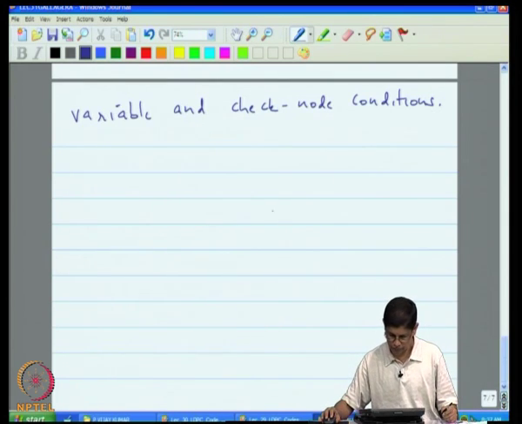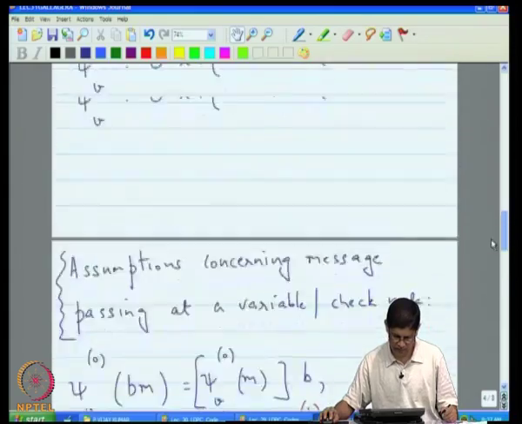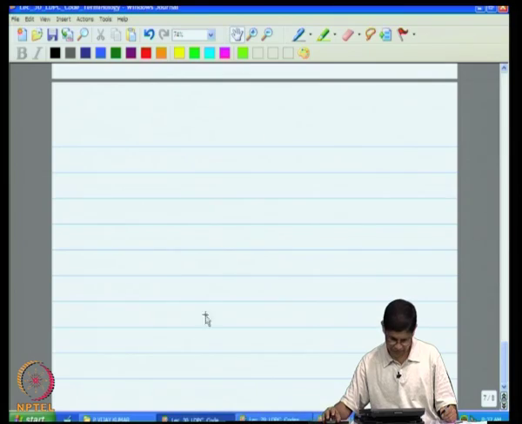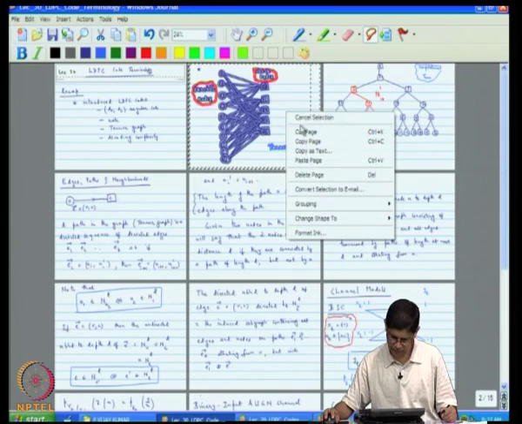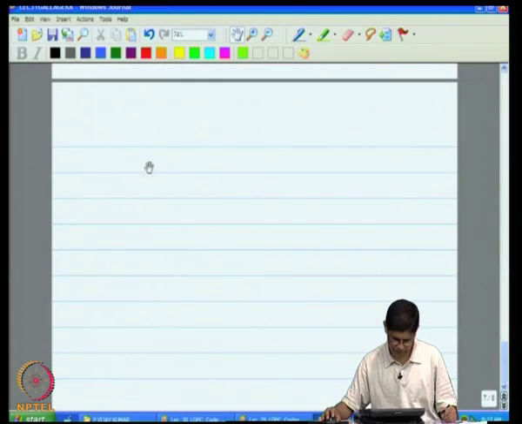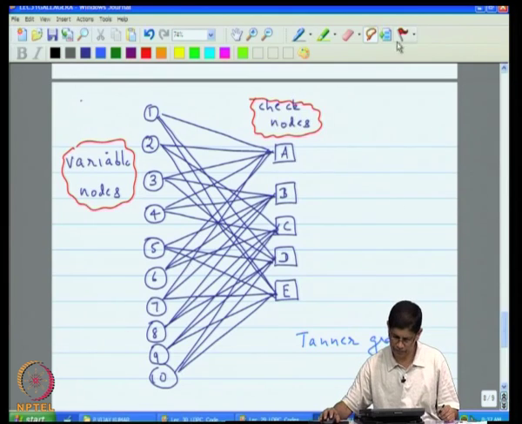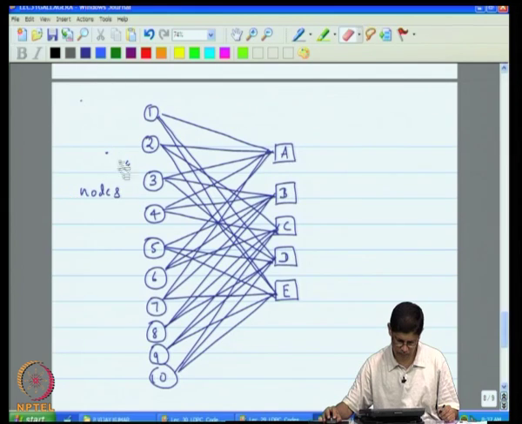Now, what I would like to point out next is that when you are doing message passing decoding using the Tanner graph, perhaps for this I will pull up again a picture from our last lecture. Okay, so here is the Tanner graph.